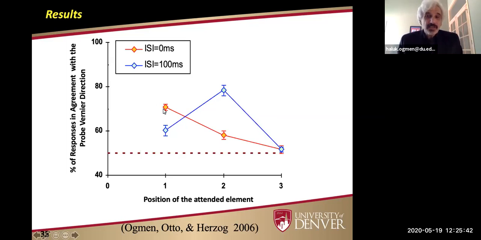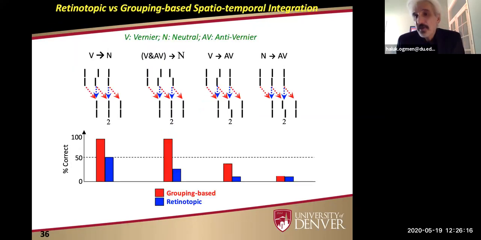The condition that distinguished between the two hypotheses was the group motion case, where the retinotopic hypothesis would predict a curve very similar to this, whereas the non-retinotopic motion grouping-based hypothesis predicts that the integration should occur for element 2, hence the peak should occur at element 2. So that is one of the first experimental evidence to support a motion grouping based reference frame in sensory memory. And we have conducted many more experiments.